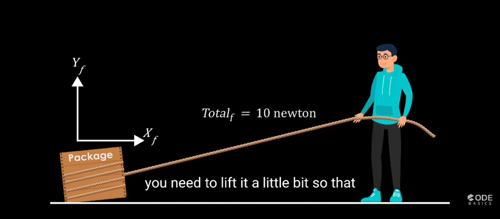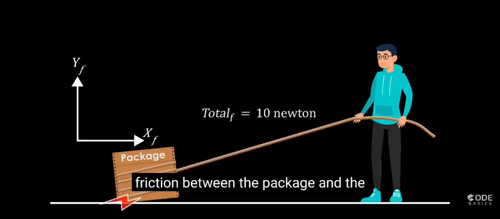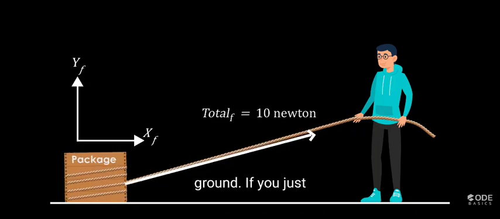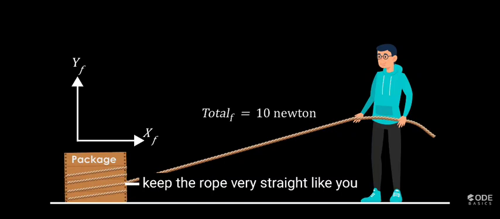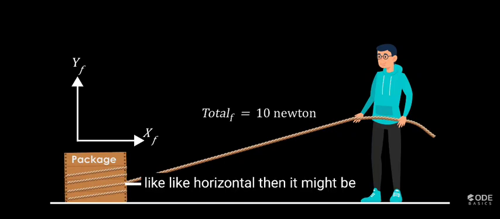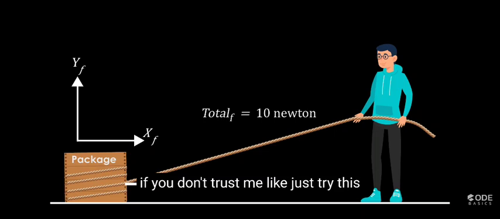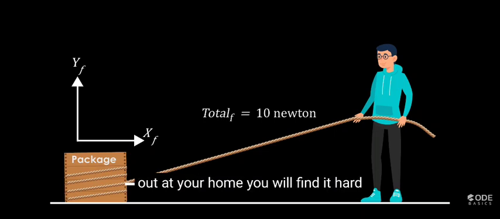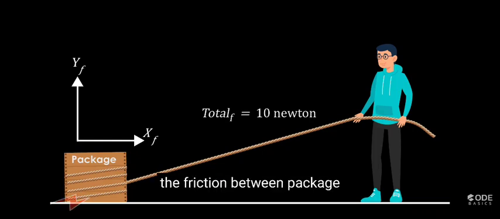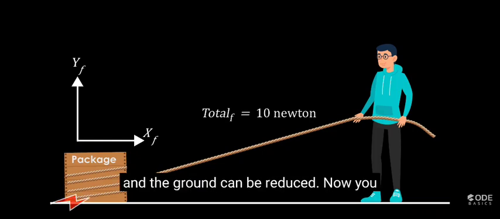You need to lift it a little bit so that you can address the friction between the package and the ground. If you just keep the rope very straight, like horizontal, then it might be hard to pull the package. If you don't trust me, just try this out at your home. You will find it hard. You need to lift it a little bit so that the friction between package and the ground can be reduced.